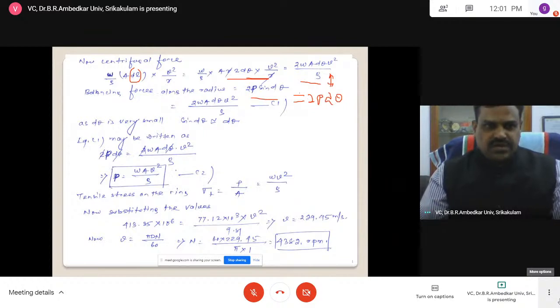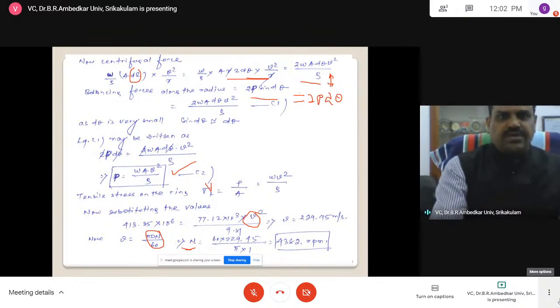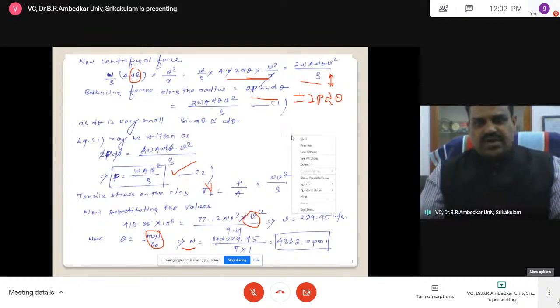If you equate, you will get the load P, and stress is equal to load by area. From this substitute V is equal to pi dN by 60, and find out the N value. Okay. So this is how generally we apply it for a ring problem.